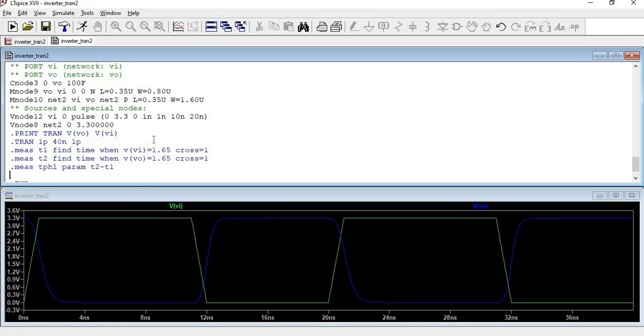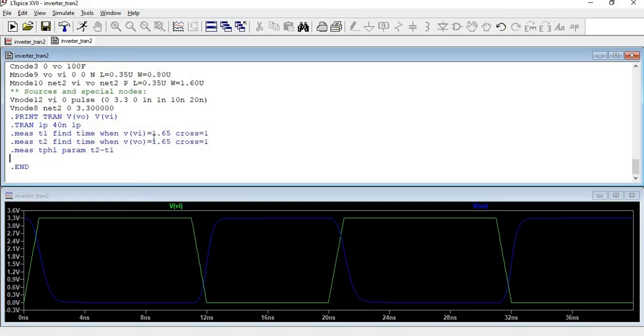For the low to high transition, that would be on this area or this area. If you're going to use this, the command should be .measure. Let us use another variable, since you cannot use the same variable.